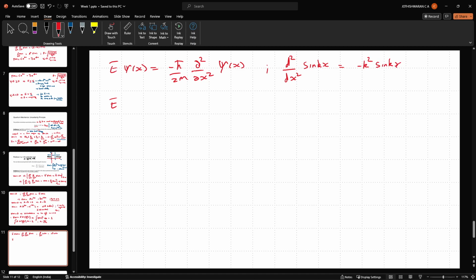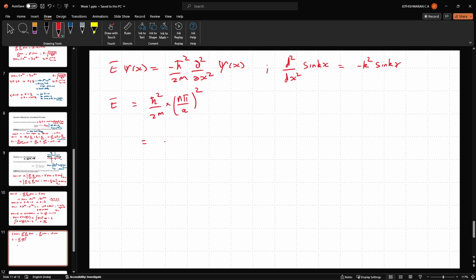So essentially this will be multiplied by minus k squared, therefore this will give me the expression. Forgot a squared here, h bar squared upon 2m into n pi by a squared. So this is the expression for the energy.